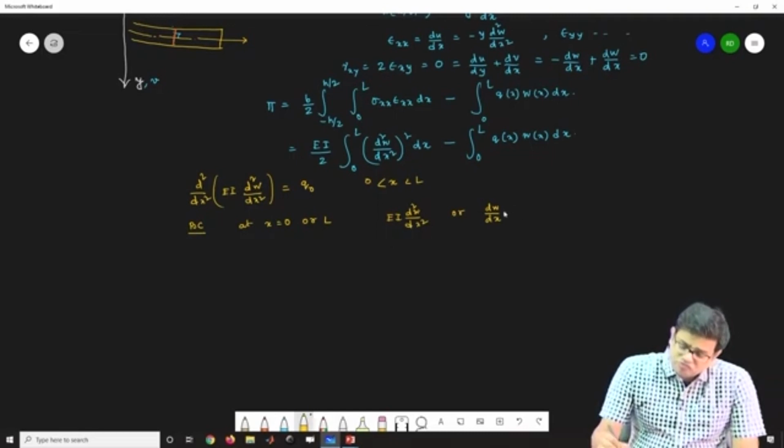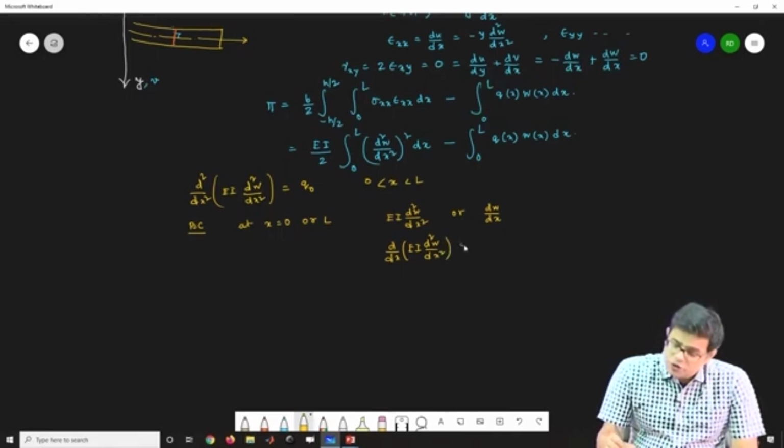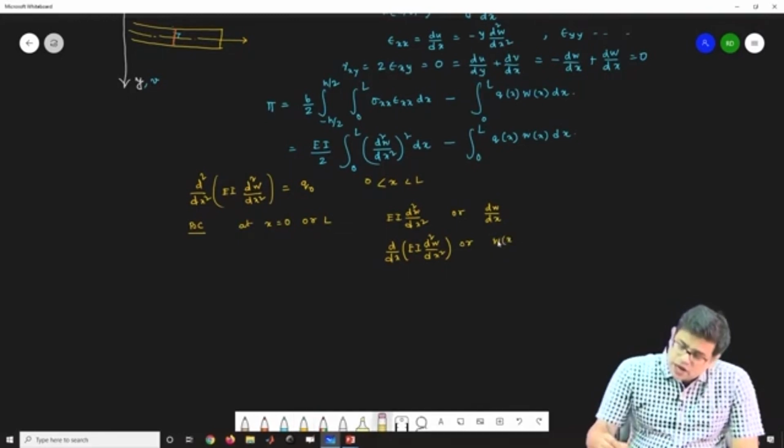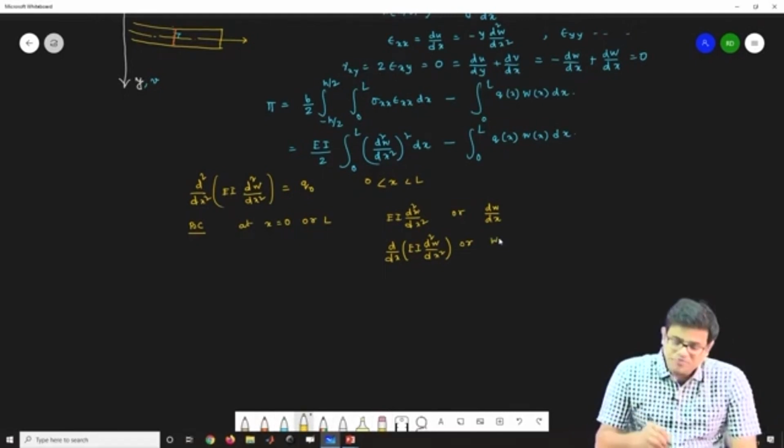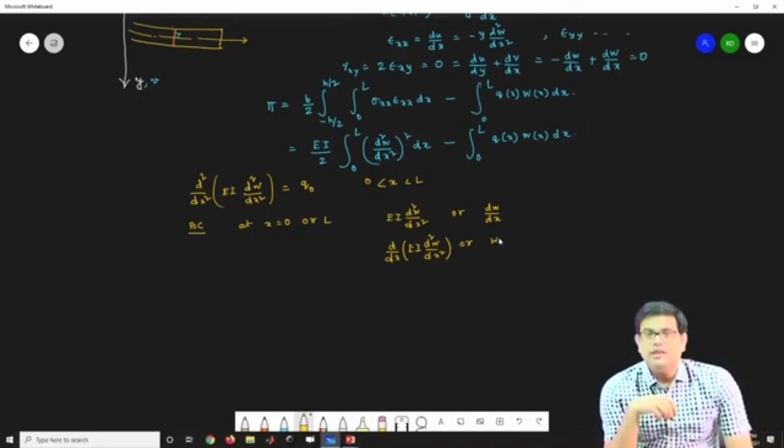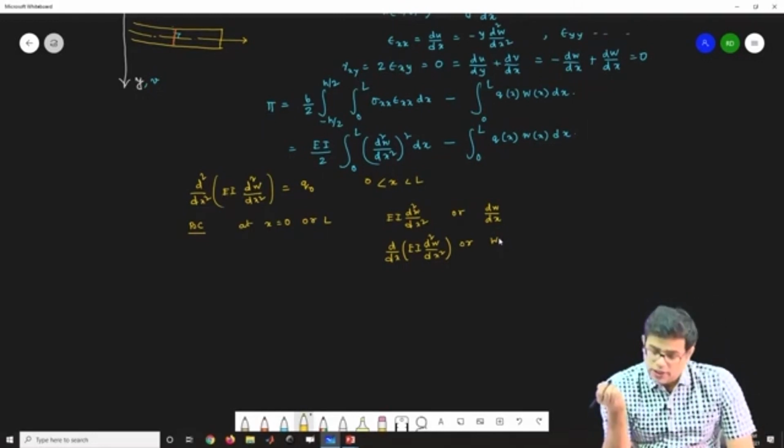This is one boundary condition, and another is d/dx of EI d2w by dx2, which is nothing but the shear force, or w has to be given. This is applicable for 2 points, that is 0 and L, so that will generate my 4 boundary conditions.